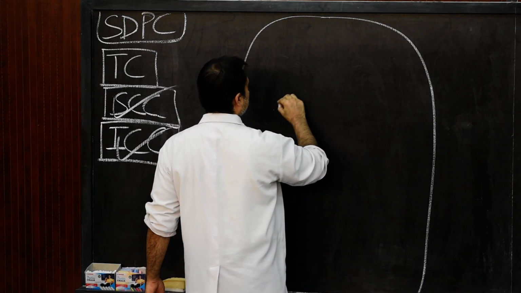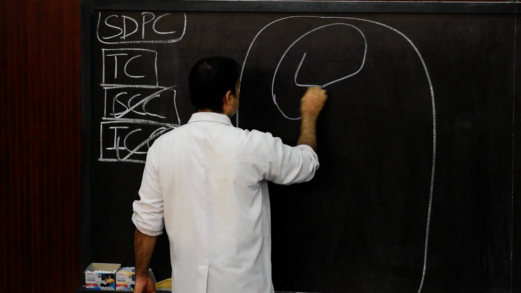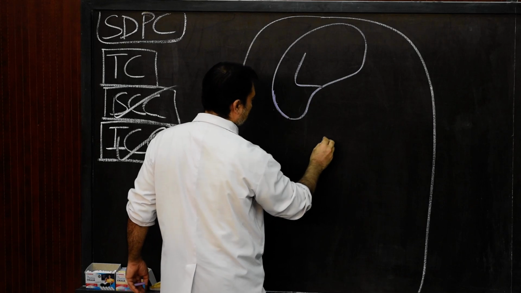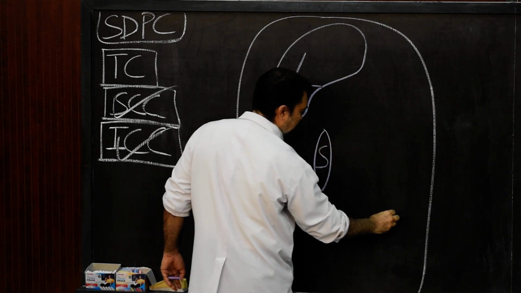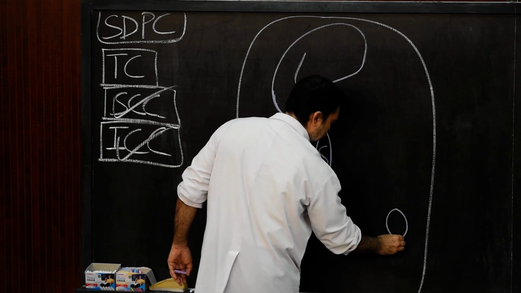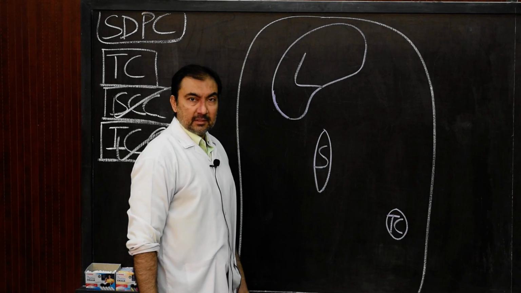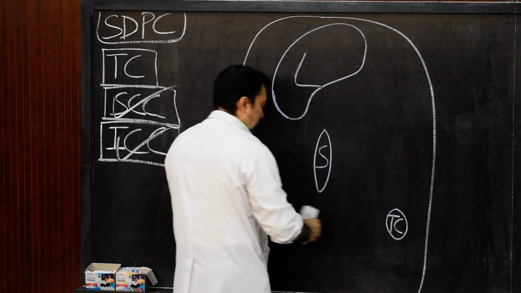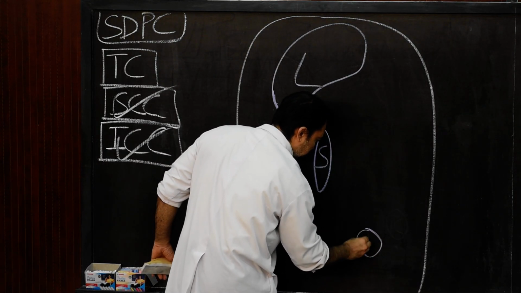Now here, if we draw this as the liver, and we draw this segment as the stomach, and over here we shall draw this segment as the transverse colon. Similarly, let us draw it over here, the transverse colon.